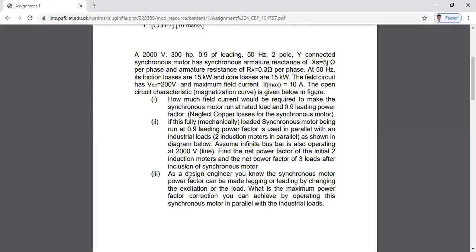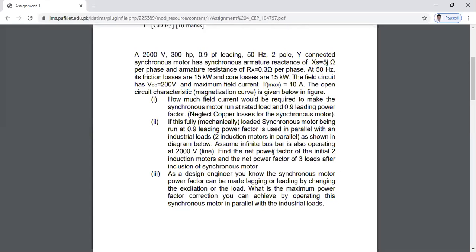Okay, and in the third part, this is the exact design question that I want you to do. And you, as a design engineer, know that the synchronous motor power factor can be made lagging or leading by changing the excitation or the load characteristic of the machine. So you calculated a certain net power factor improvement in part number 2, but now you are loaded with all the information about the motor, and how much power factor correction you can get, the best power factor correction you can get out of this situation, you have to do in part 3.